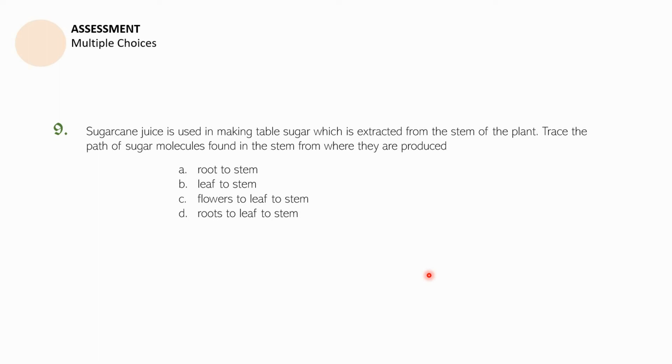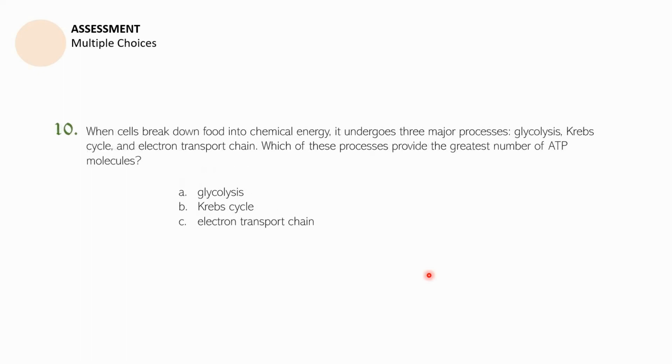You may pause this video if you need more time. If you have decided to continue, that means you are ready for the next question. Question number 10. When cells break down food into chemical energy, it undergoes 3 major processes: glycolysis, Krebs cycle, and electron transport chain.